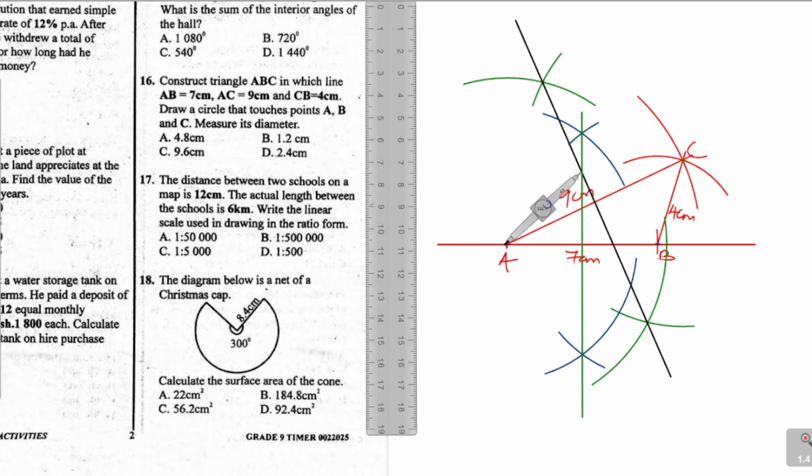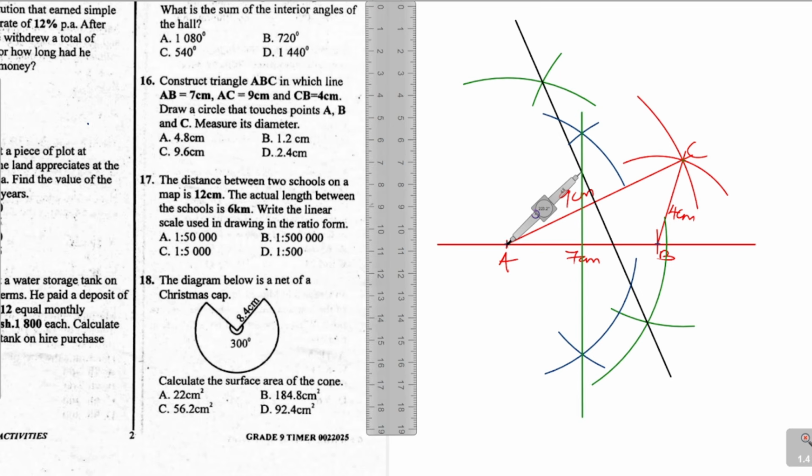And make sure that you have the radius touching at point A. Touching at point A. Like that. So standing at that point of intersection of the two bisectors of AB and AC, you just make sure you have the radius that touches one of the vertices.